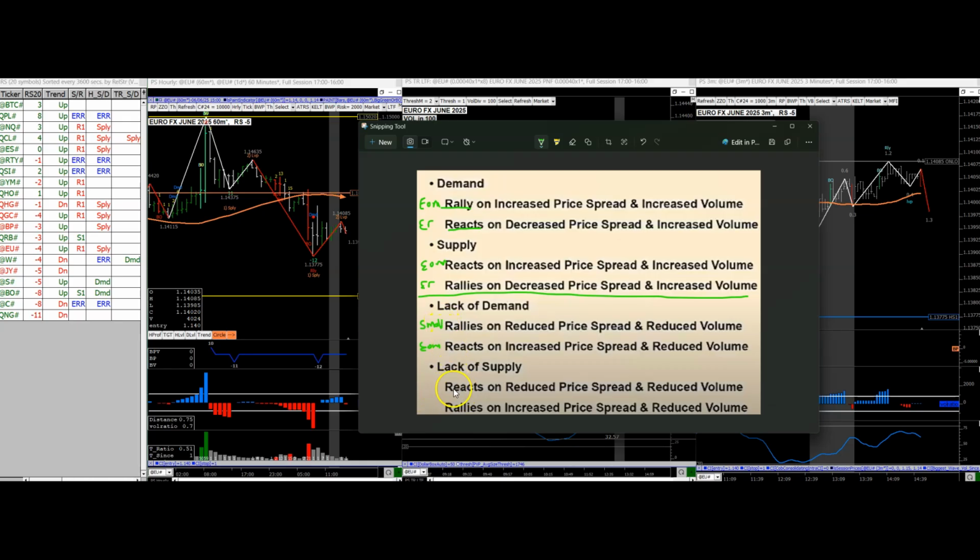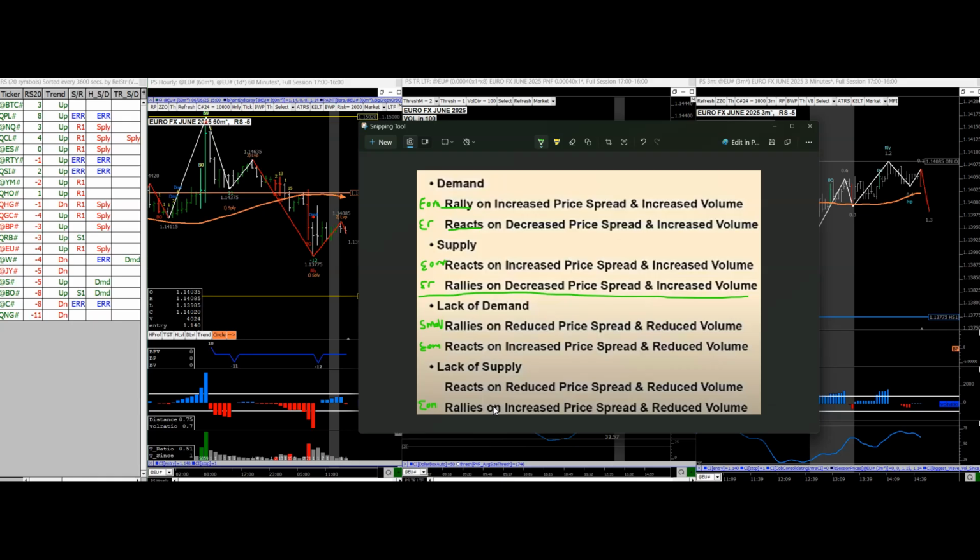The same thing here. Lack of overhead supply means you got a big bar if it rallies. There's also ease of movement. There's a big bar with little volume. Why is this important? It means a little volume can easily push price. All right, very important.